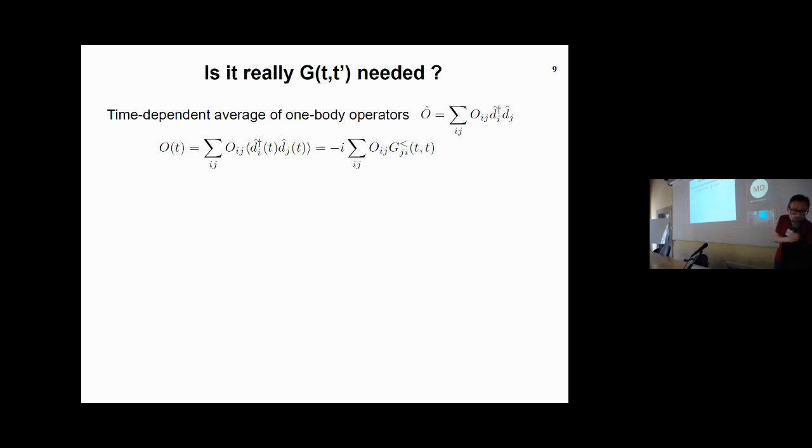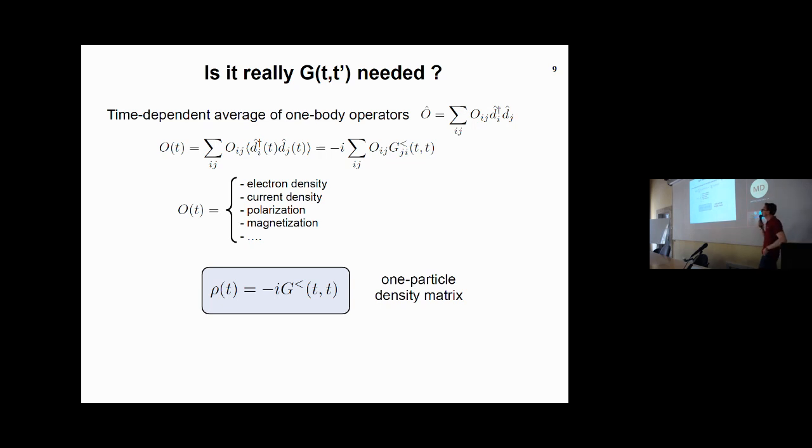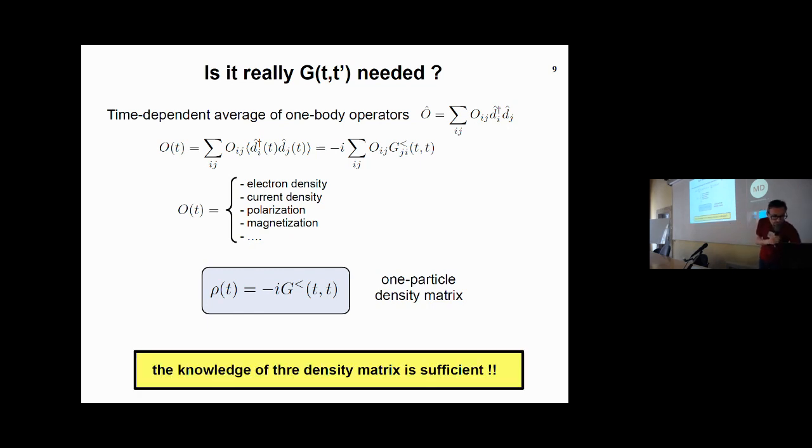And if we know G lesser at equal times, we can calculate essentially everything: electron density, current density, polarization, magnetization, and so on. Please notice that if you take G lesser at equal times, apart from a factor of minus i, you have nothing but the one-particle density matrix of the system. So the knowledge of the density matrix only is enough for our purposes.